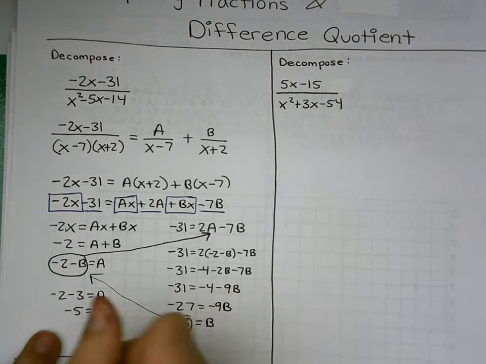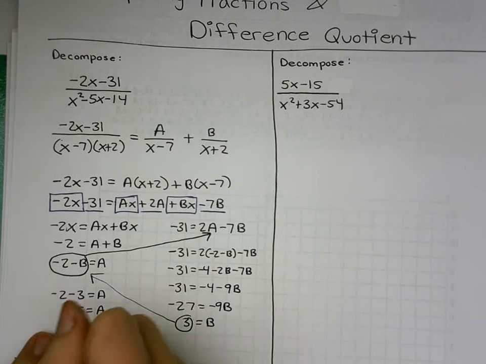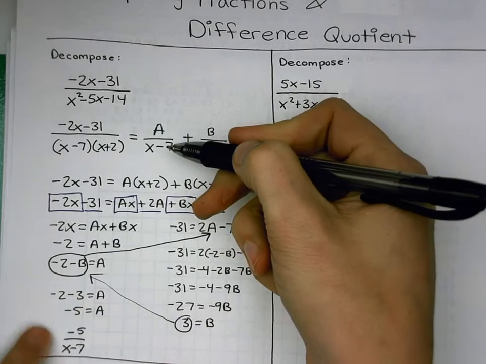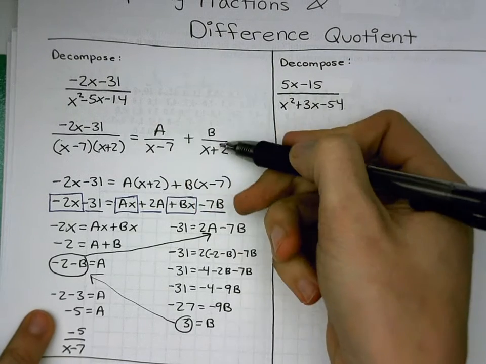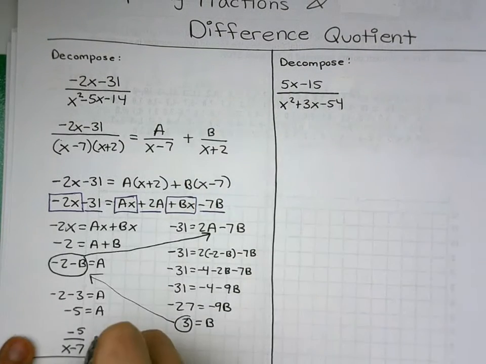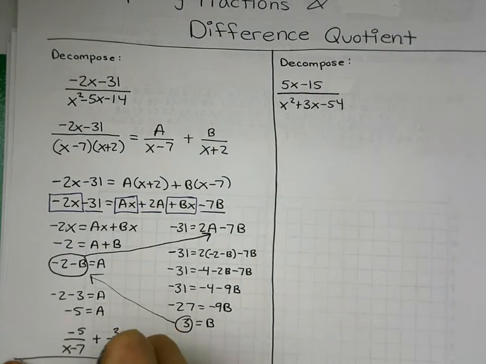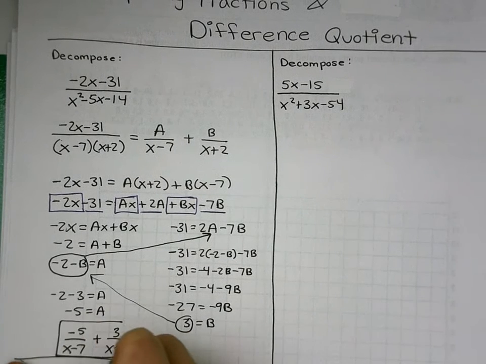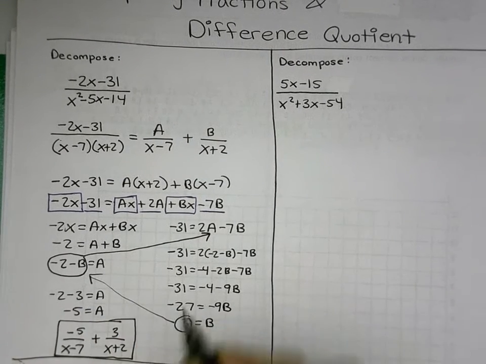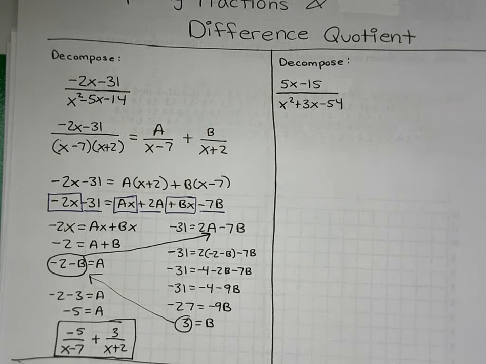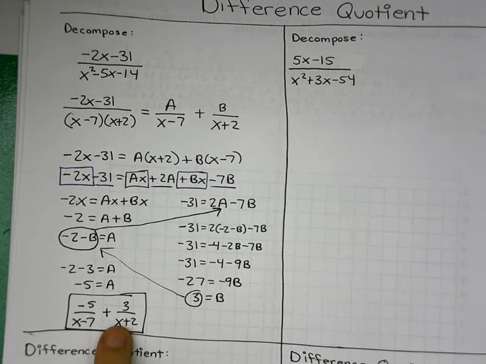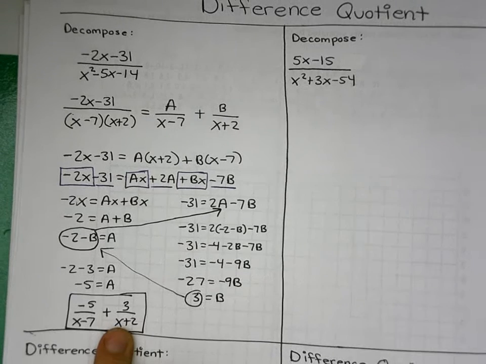So we would have negative 5 over x minus 7, because that's a over x minus 7, and b, which is 3 over x plus 2. Remember that depending on what route you went, your work might look different than mine, but your answer should still be the same. We should still have a negative 5 over x minus 7 and a 3 over x plus 2.